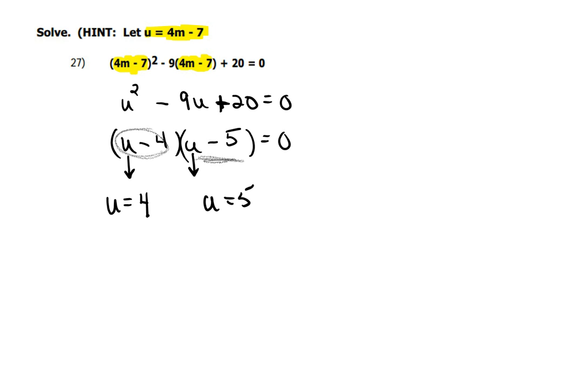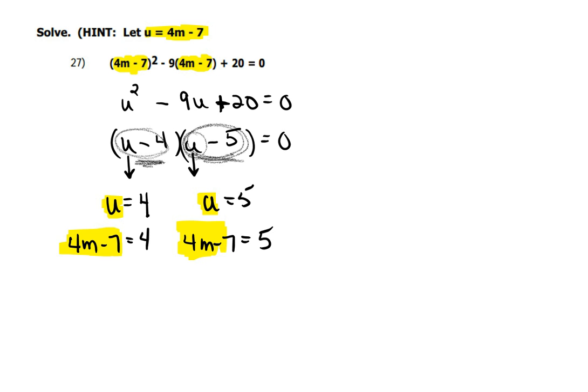Because if you put a u in here, then u minus 5 is the other 0, and 0 times whatever this is 0. But remember, we're not solving for u, we're solving for m, and u is representing the 4m minus 7. So we have to put the 4m minus 7 equal to the 4, and the 4m minus 7 equal to the 5, and solve them both.